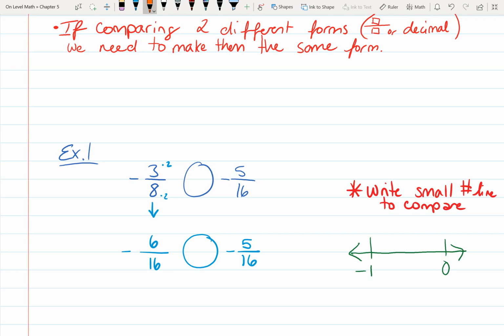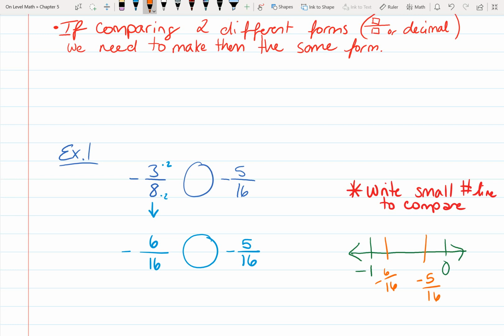Just like positive fractions, we compare the numerators. With negative fractions, we also compare the numerators. Which numerator is closer to 0? We've got -5 and -6. -5 would go here, so I'm going to put -5/16. -6/16 would be a little bit closer to the -1. And this is just for our sake, it doesn't have to be perfect.